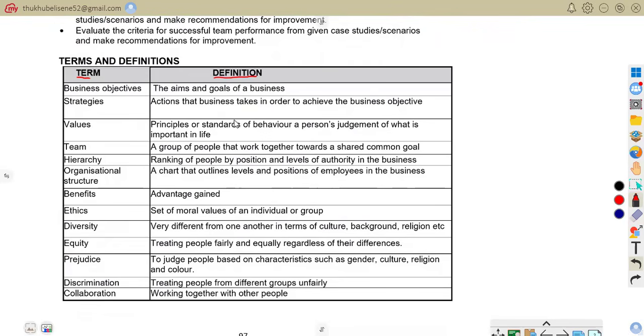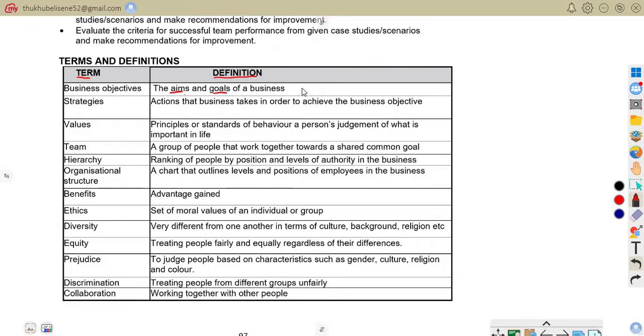The definition of business objectives is the aims and goals of a business.